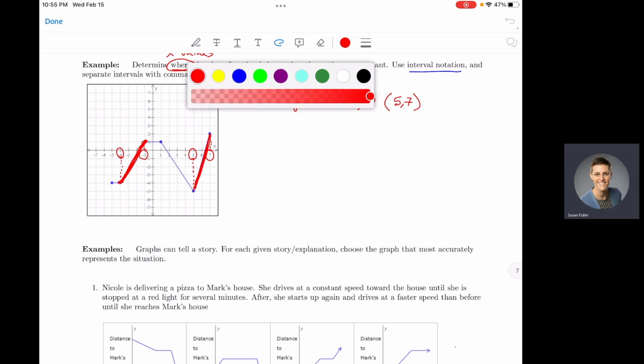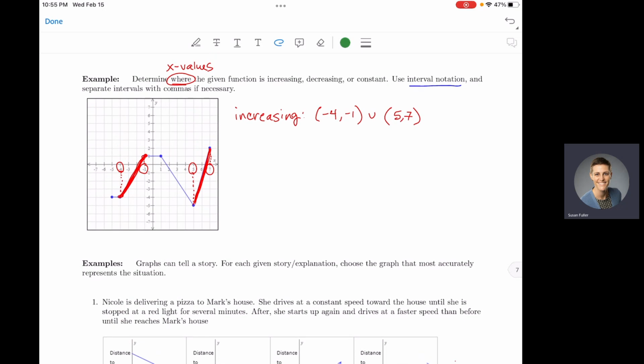Okay, so where is our function decreasing? Again, tracing our function from left to right. The place where we are going down is this section right here. So this is the place where we are decreasing.